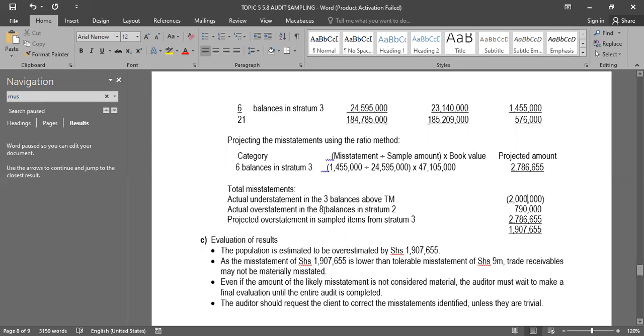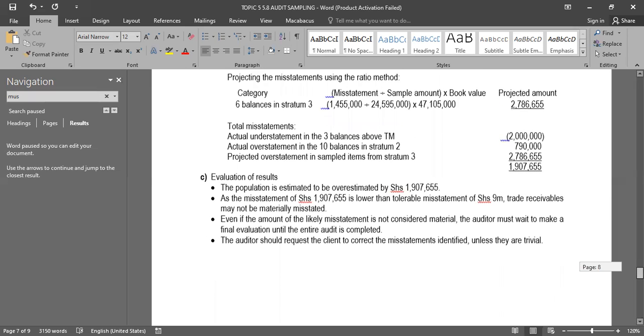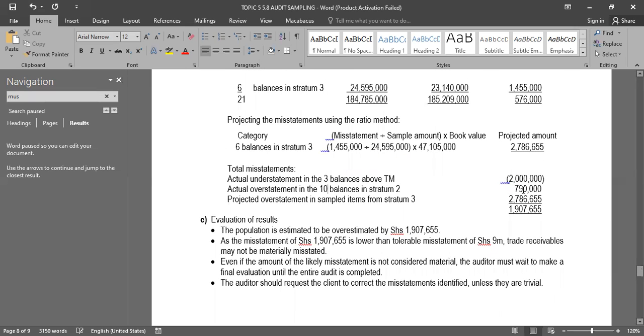The 8 in this case, we didn't have actually an 8, we had instead a 10. Yeah, and the misstatement of the 10 was 1m, as you see it here, 1m. That's what you bring here. On M, and it's positive.